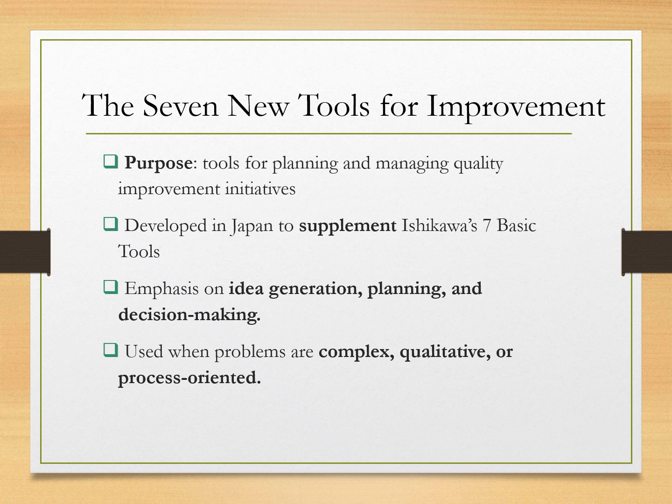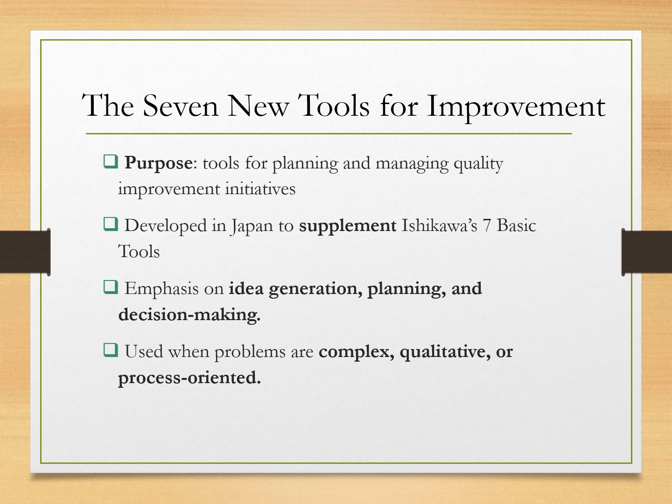So what exactly are the 7 new tools for improvement? Well, think back to our last module when we studied the Ishikawa Basic 7 tools. Those tools were all about data, right? Control charts, histogram, Pareto chart. They help us analyze numbers and identify technical problems.